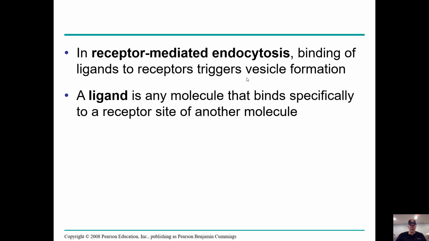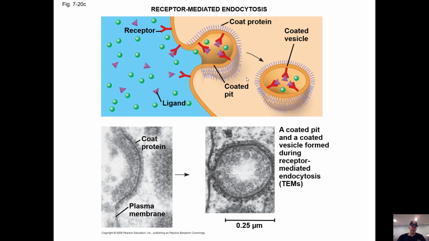And then we have receptor-mediated endocytosis, which is very specific. So phagocytosis is fairly specific for a cell or a piece of food. Pinocytosis is a little less specific because it's just getting stuff in a general area. But receptor-mediated endocytosis is very, very specific. So the cell makes these receptors for specific items.